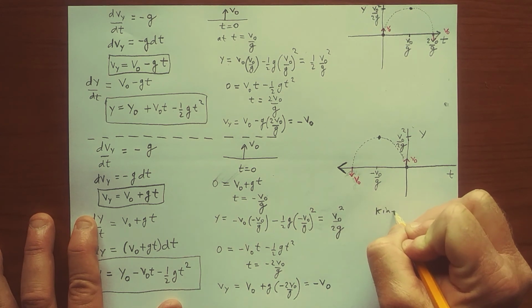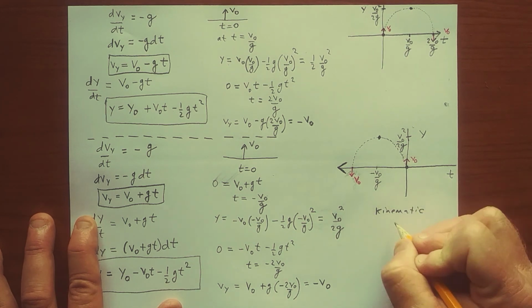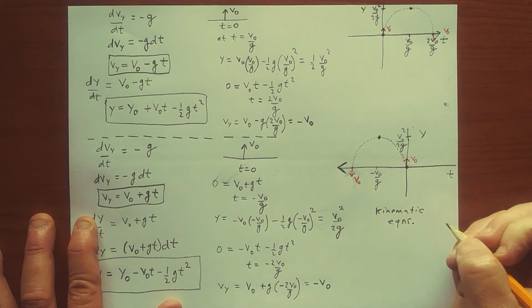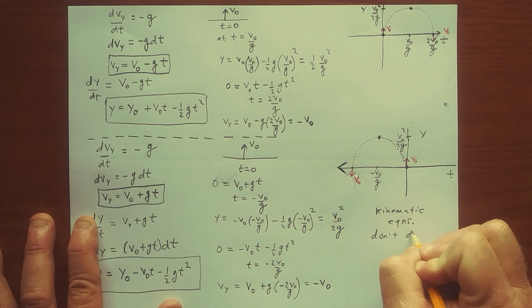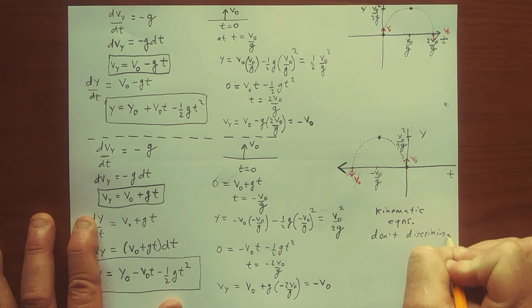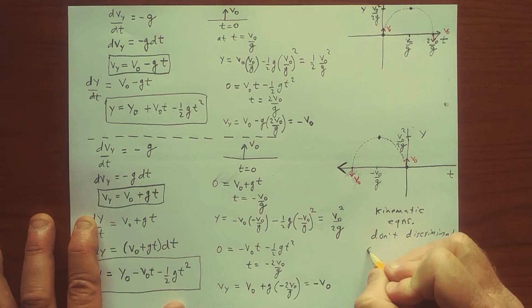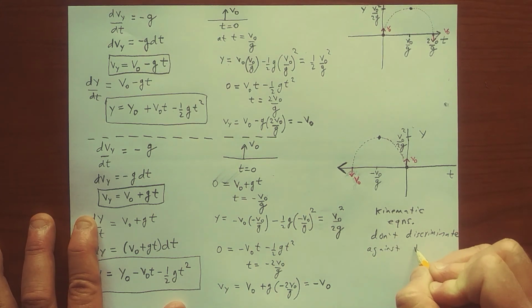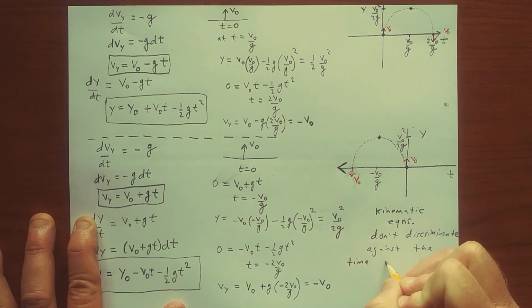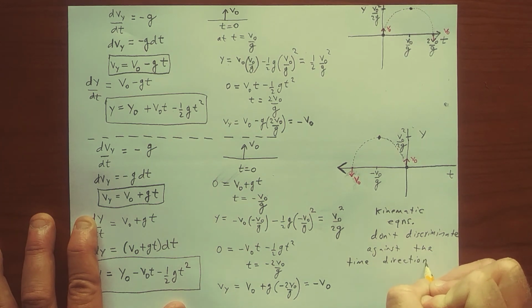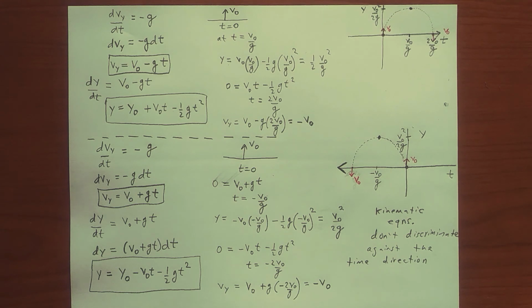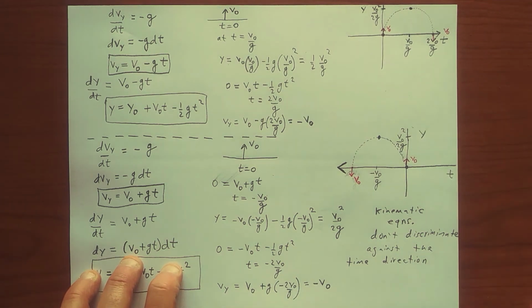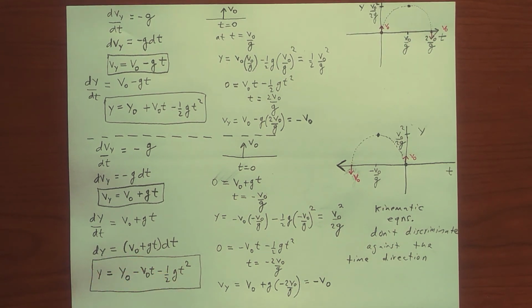The kinematic equations don't discriminate against the time direction. This is a fundamental conclusion that is a little surprising because we'll see this over and over again when we explore other so-called laws of physics, where we reverse the time and we'll get the exact same description.